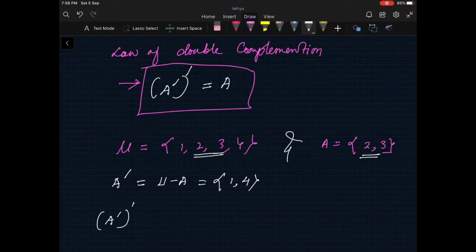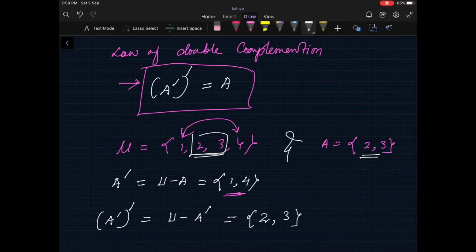Okay, now how to find the complement of complement A? That must be U minus A complement. Okay, then what to do? You have to eliminate the elements in A complement from the universal set, and doing so you will get 2, 3.